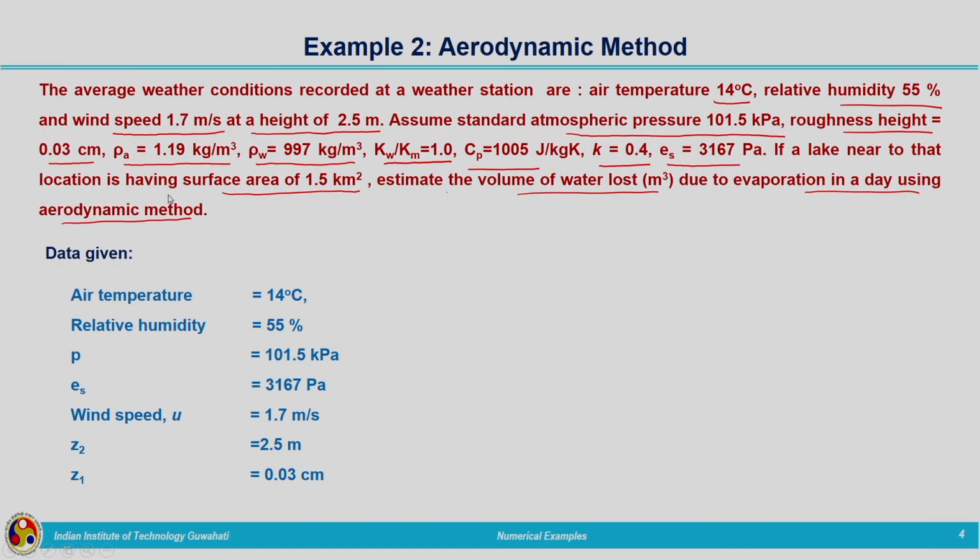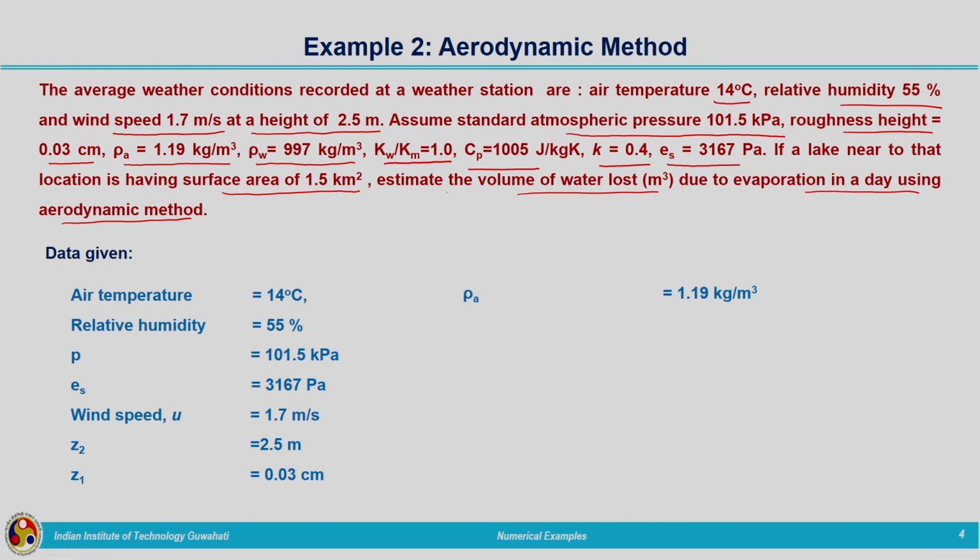Then Z1 we can consider, we are not considering exactly the water surface, it is slightly above the water surface, that is 0.03 centimeters. Z1 is the roughness height which we will be considering, that is given to us.